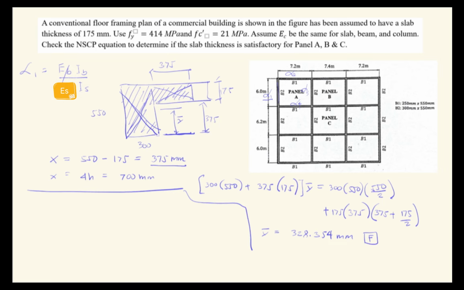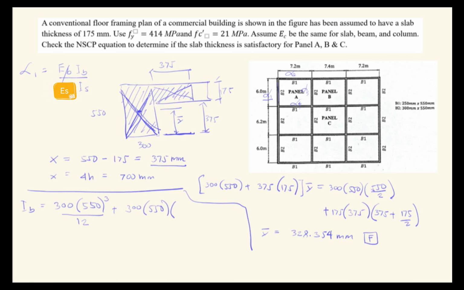So we now determine the moment of inertia. We first consider this cross-section. IB is equal to 300 multiplied by 550 cube divided by 12 plus 300 by 550, and then the distance of the centroid of this to the centroid of the whole cross section.